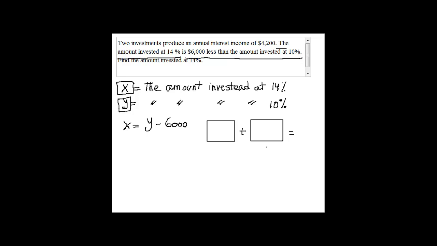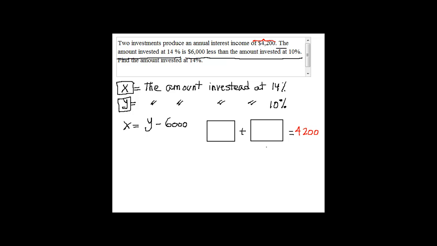It says right here that we are going to get 4,200. That's given to us, right? So if I add the amount earned in each account, I should add up to this amount here.